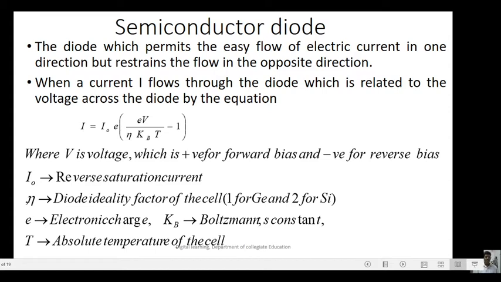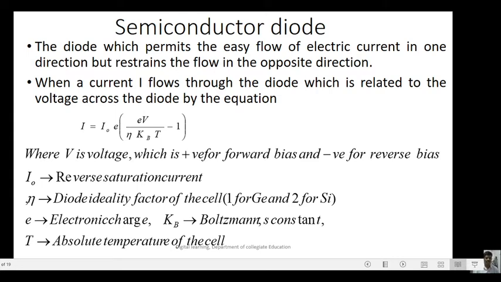Semiconductor diode. The diode permits the easy flow of electric current in one direction but restrains the flow in the opposite direction. When a current I flows through the diode, it is related to the voltage across the diode by the equation I = I0 (e^(eV/ηkBT) − 1), where V is the voltage applied to the material, which is positive for forward bias and negative for reverse bias.